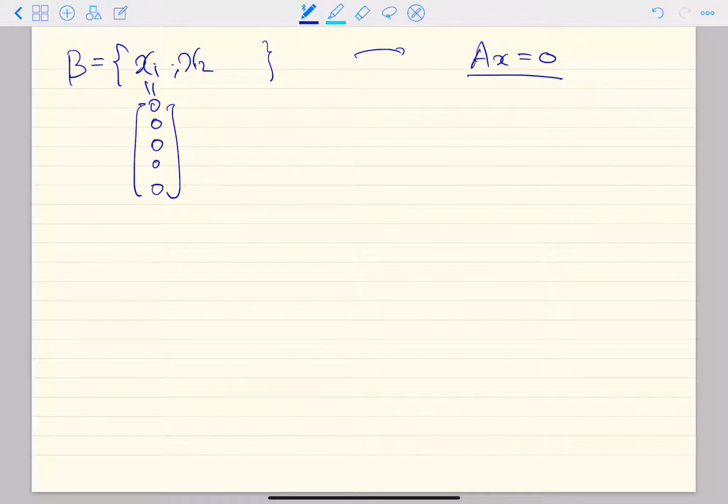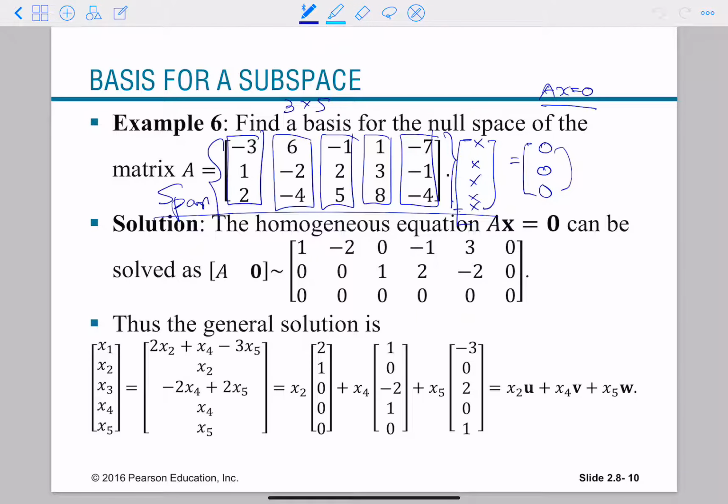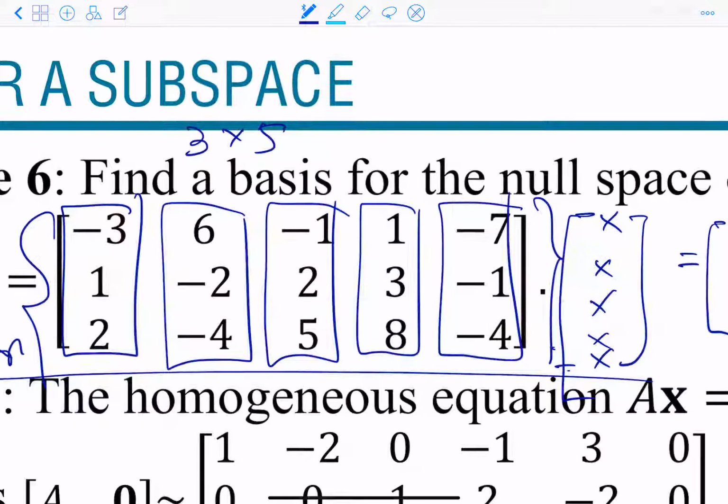Will this matrix have some other solution? By the shape of the matrix, which is 3 by 5, we have 5 vectors living in the 3-dimensional space, right?